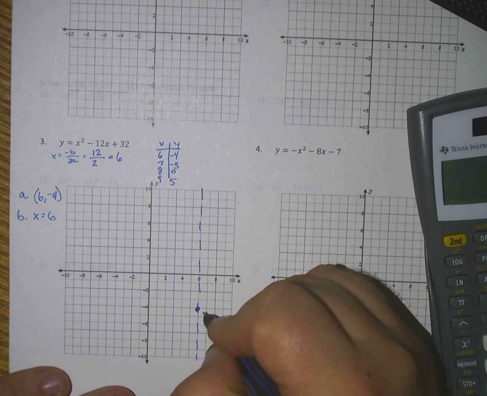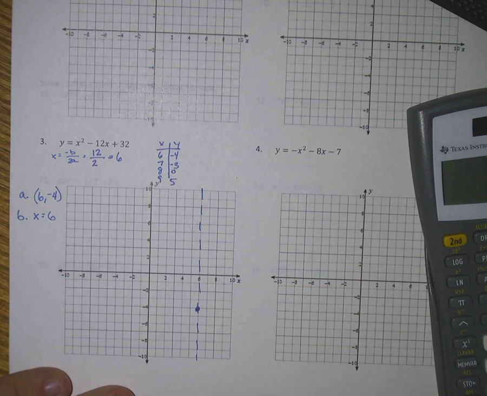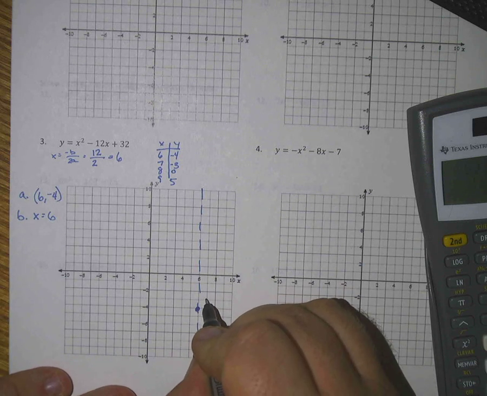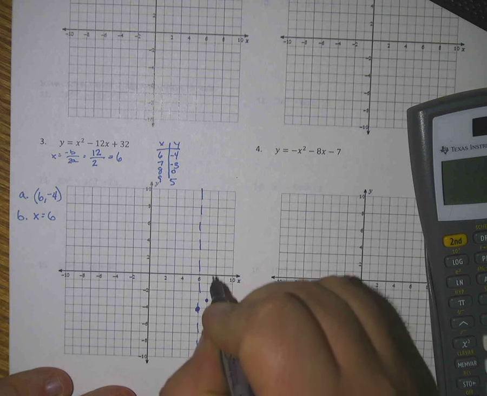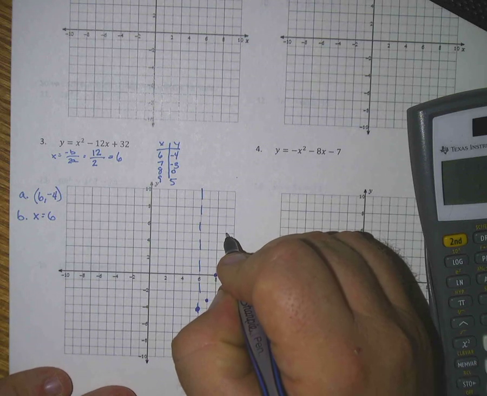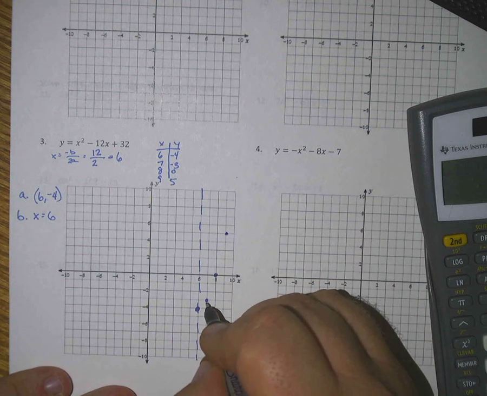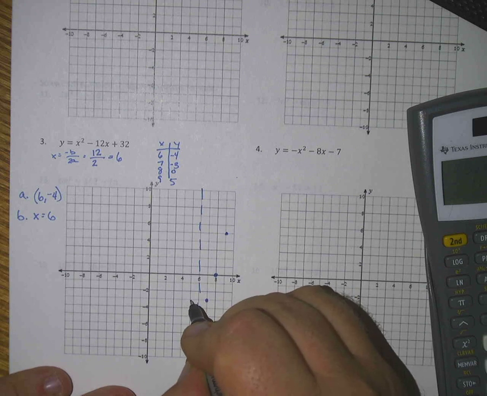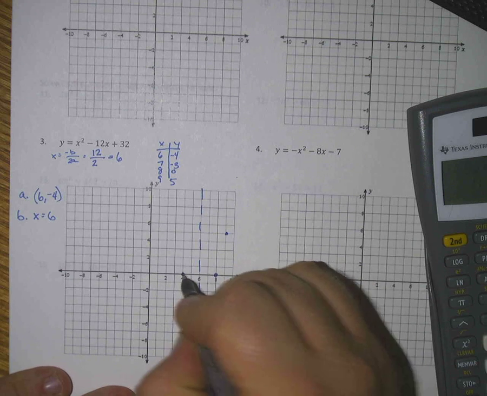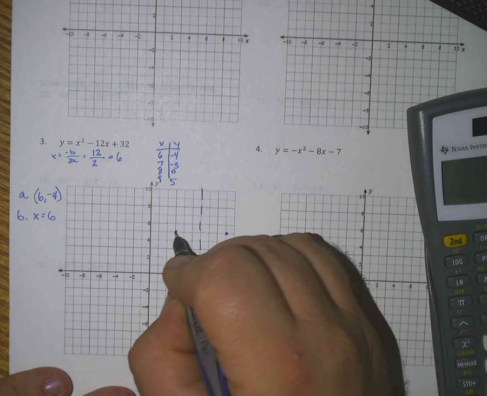Then we're going to work our points over here, and mirror them over the axis of symmetry. At 7, it's negative 3. At 8, it's 0. And at 9, it's 5. Let's mirror those over. It takes me 1 unit to get there, so I go another one, 2, 2, and 3, 1, 2, 3.